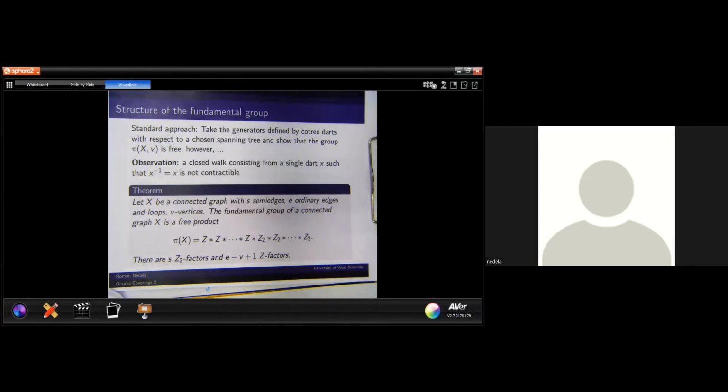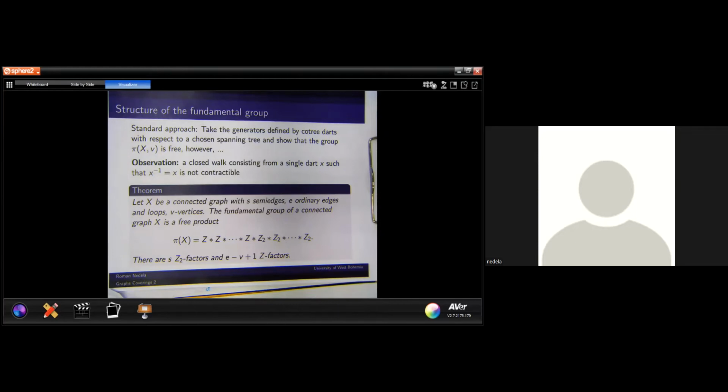The structure of the fundamental group of a graph with semi-edges is slightly different from the standard situation. If a graph has no semi-edges, then the group is a free group of rank beta, where beta is the cycle rank.